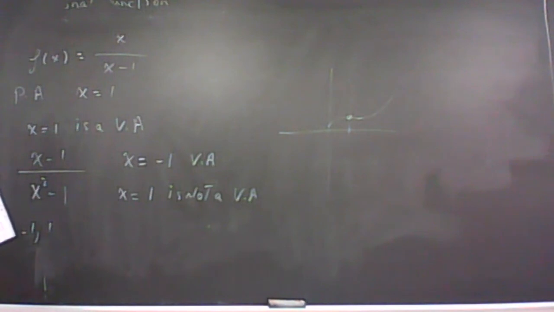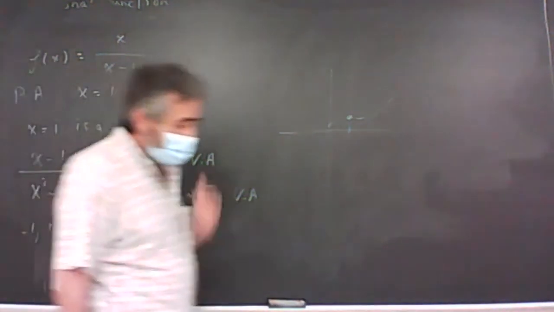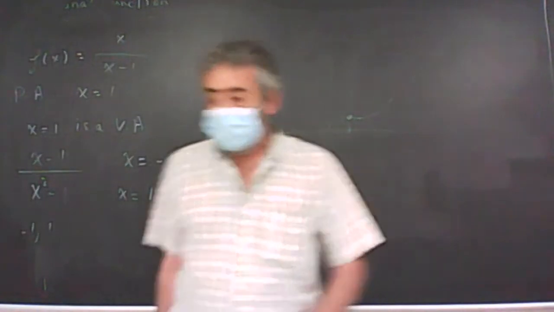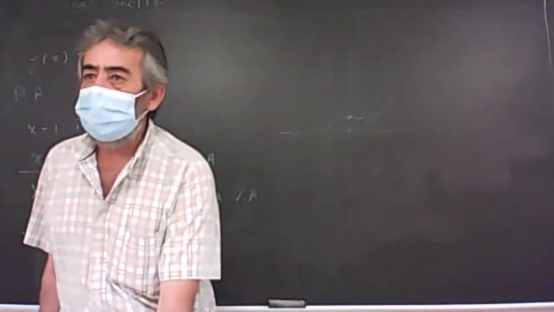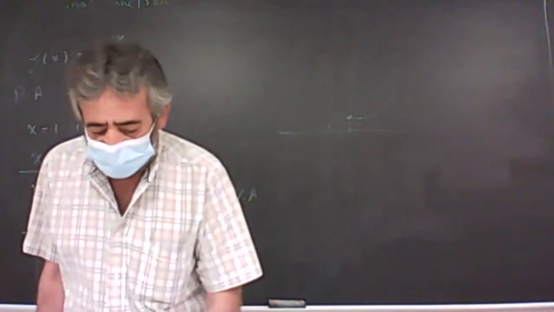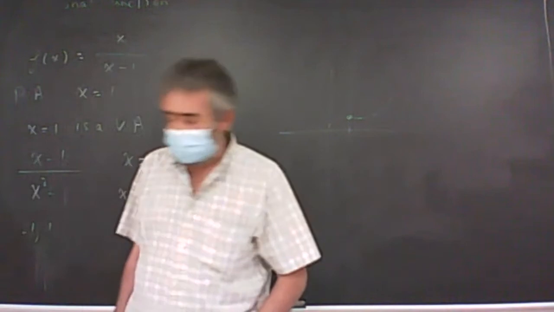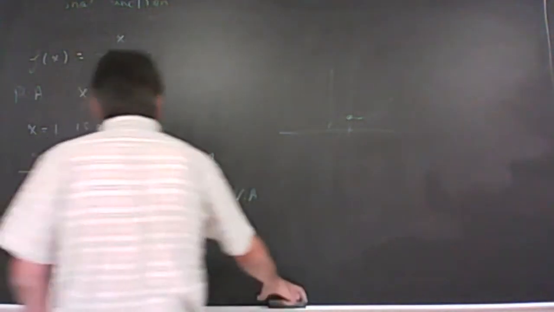Simple and easy. The other asymptote, we call it the horizontal asymptote. Okay, let's figure out how to determine the horizontal asymptote.